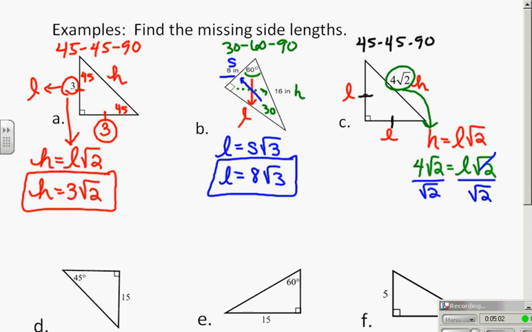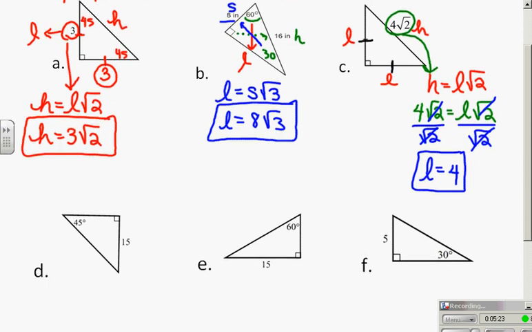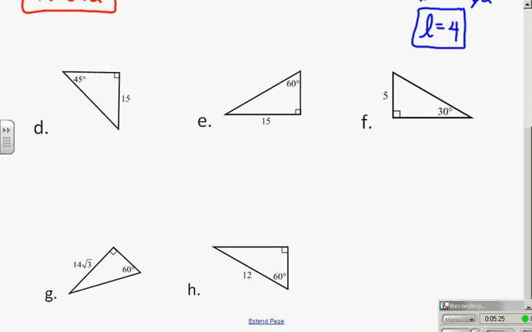Divide both sides by the square root of 2 because I want to isolate that leg. These two cancel, and my leg is equal to 4. Again, keep in mind, legs should be shorter than the hypotenuse. The shortest leg in a 30, 60, 90 should be the smallest side, then the long leg, then the hypotenuse. So an answer of 4 makes perfect sense.